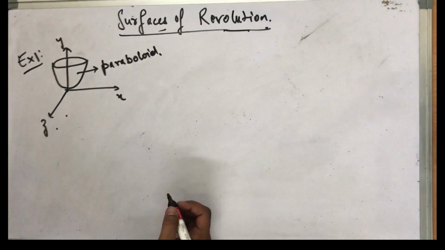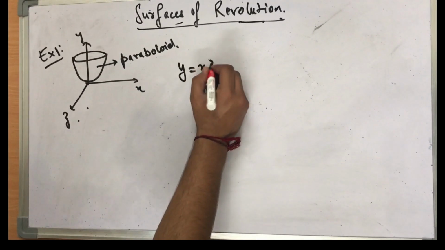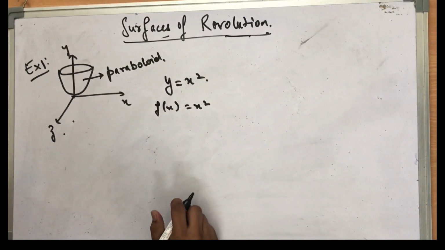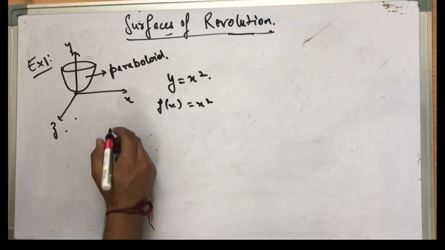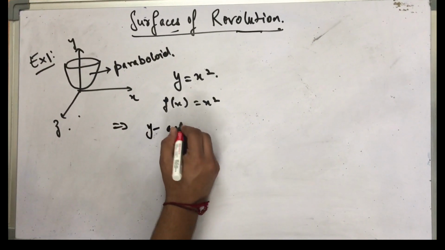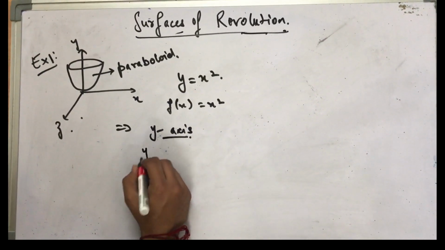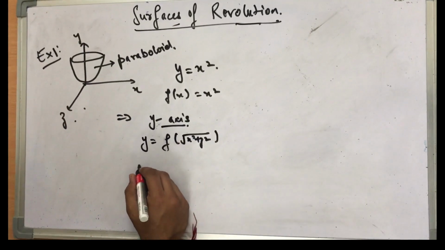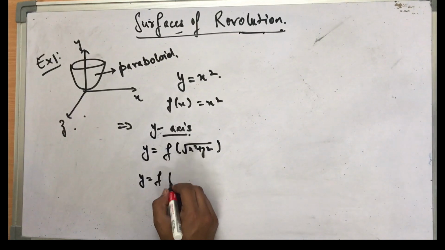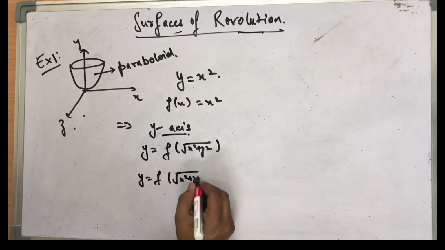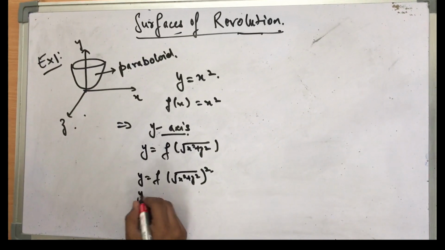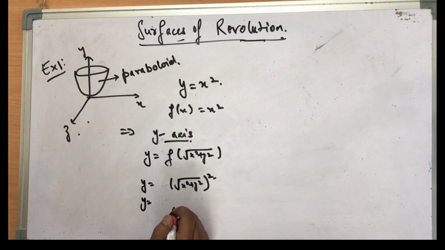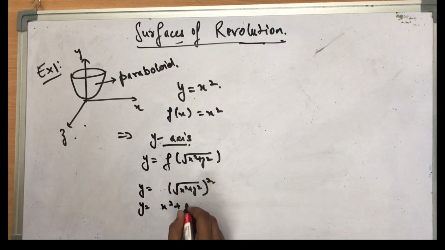Let's say the equation of this parabola in the xy plane is y equal to x square. So f of x here is x square. So let's find the equation of the surface. As it is rotated about the y-axis, the equation of the surface is y equals f of root of x square plus z square, whole square, which is y equal to root of x square plus z square whole square, which is x square plus z square.